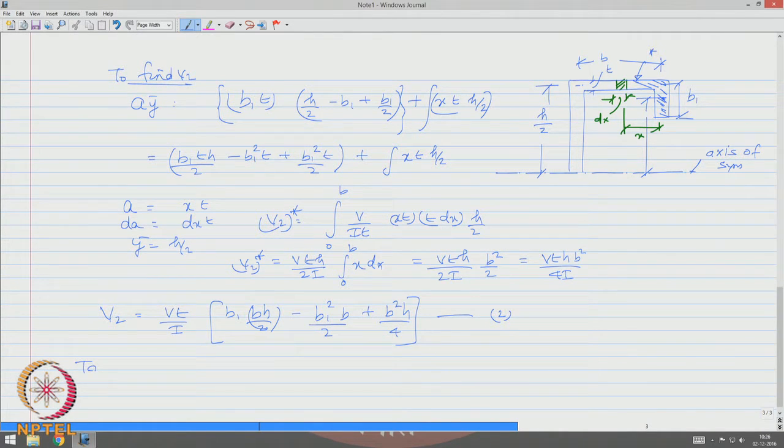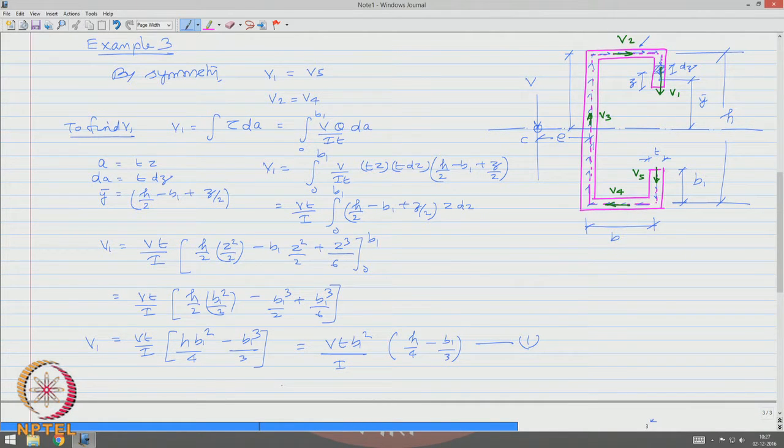So, taking moments about C, not taking moment about C, taking moment about A, where A is this point.